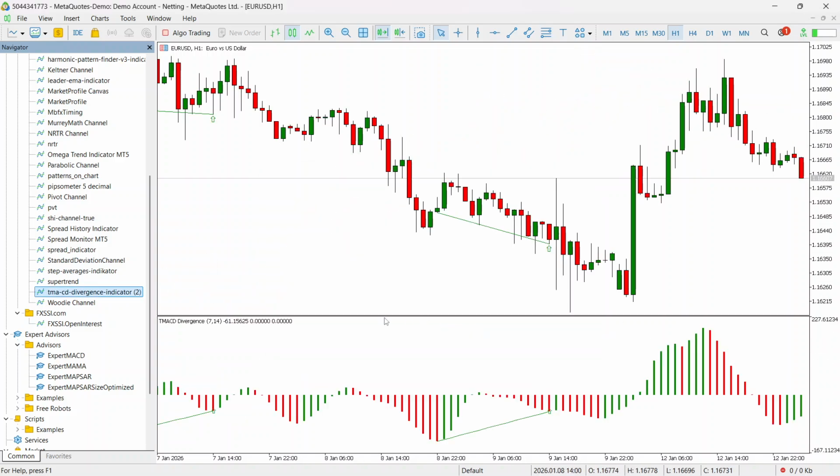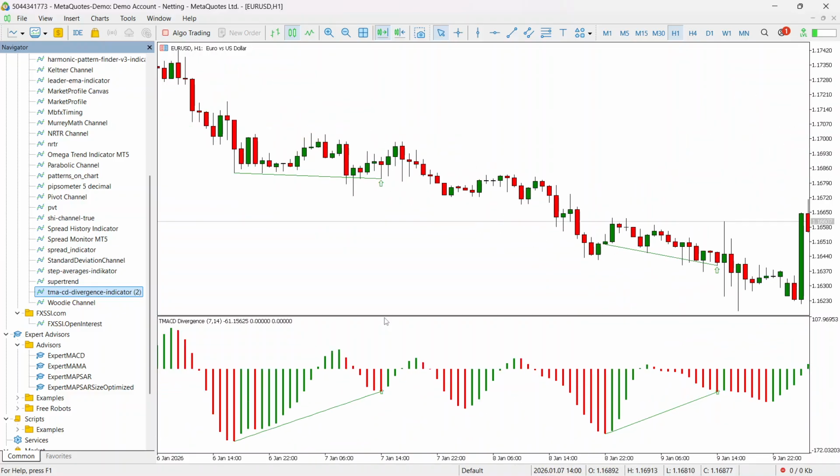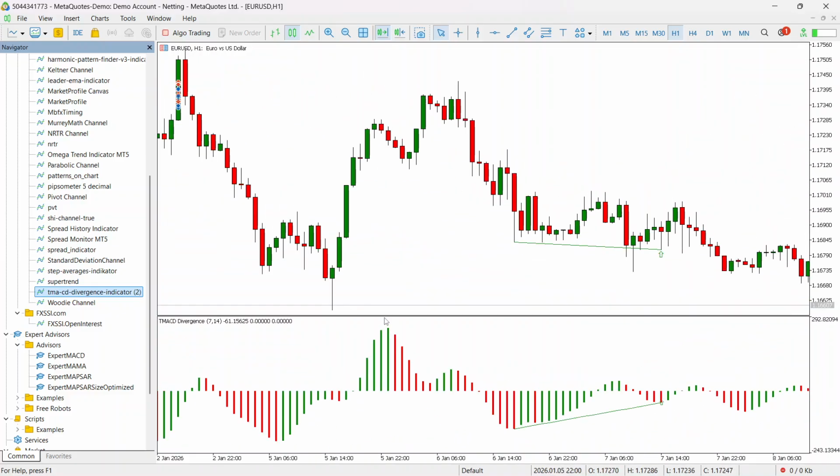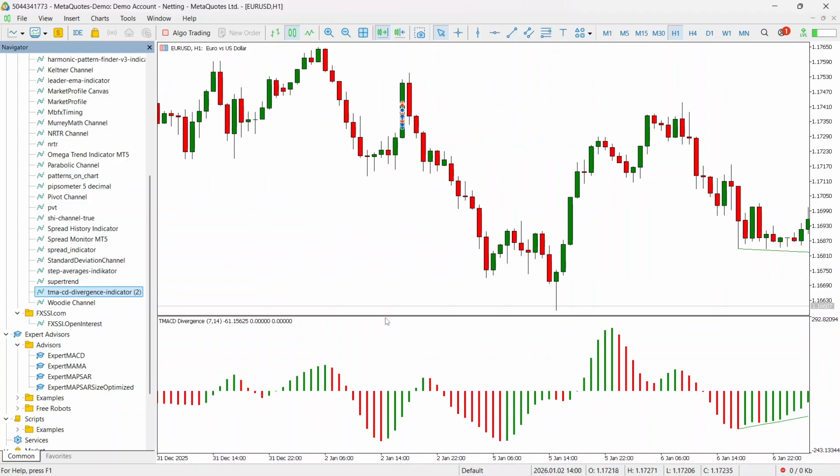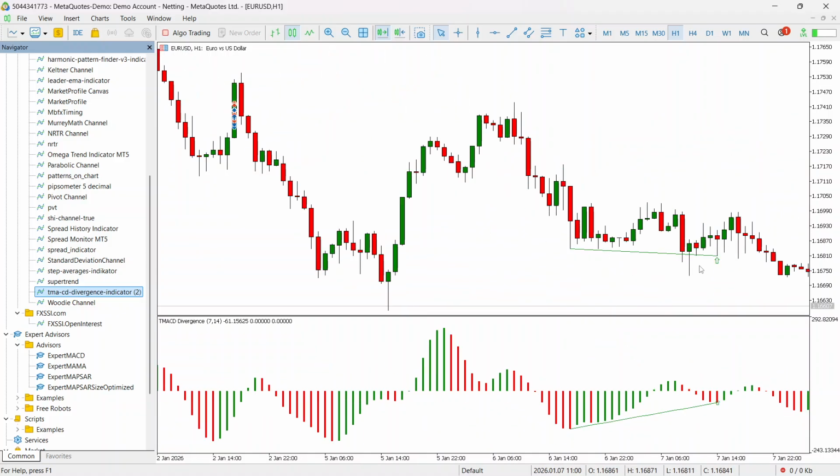Now the TMA CD Divergence Indicator plots a TMA-based oscillator in a separate sub-window while drawing divergence lines between price swings and oscillator swings. As we can see here, it drew the line.